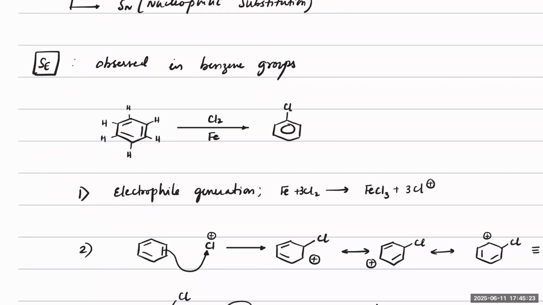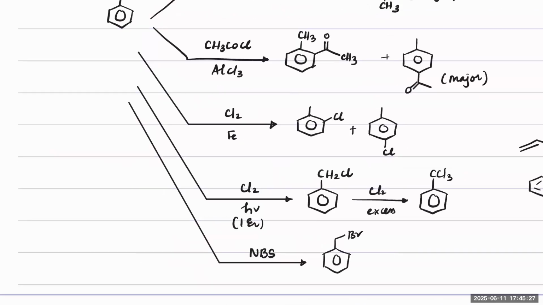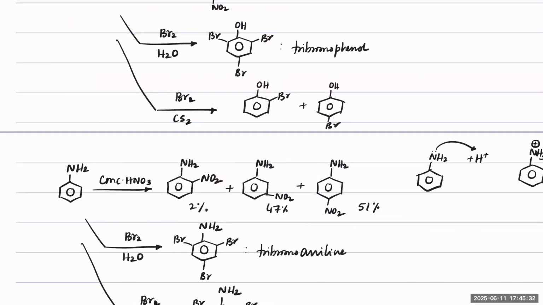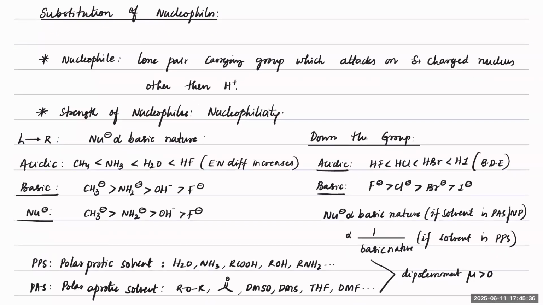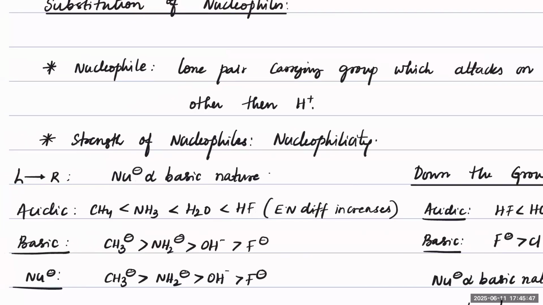So now coming to this SN part of it. Here, substitution of nucleophiles. Firstly, there are some basic terminologies you should make clear before going into substitution reactions. What exactly is a nucleophile?